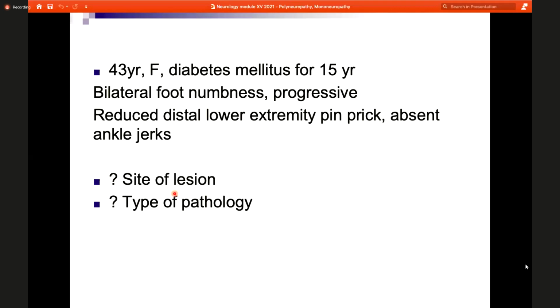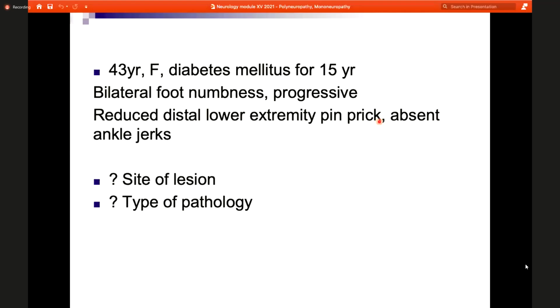So in this case, can it be brain? Does brain produce numbness and reduced pinprick sensation? Let's say cerebral cortex. What is the type of sensory involvement if the sensory cortex is involved? In this case, it has to be bilateral. Bilateral sensory cortex involvement is extremely unusual, a never-happening sort of scenario.